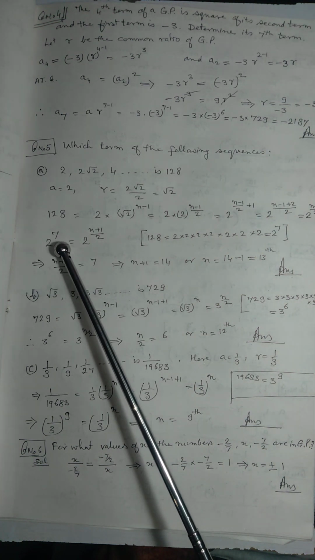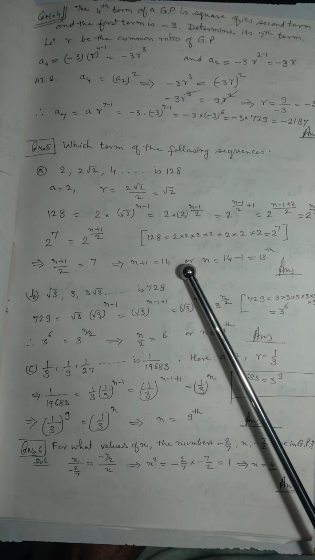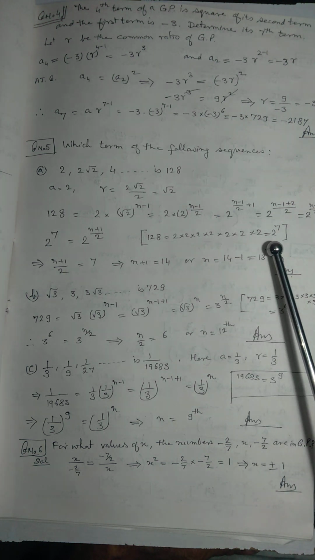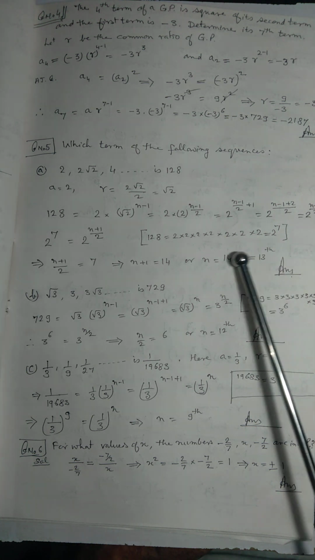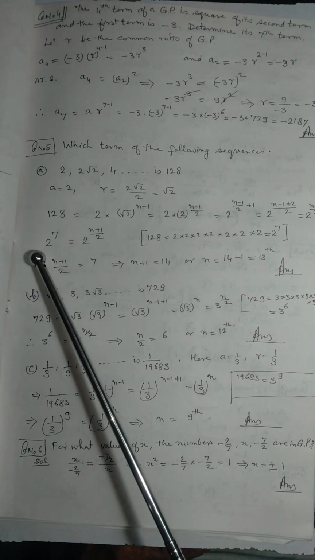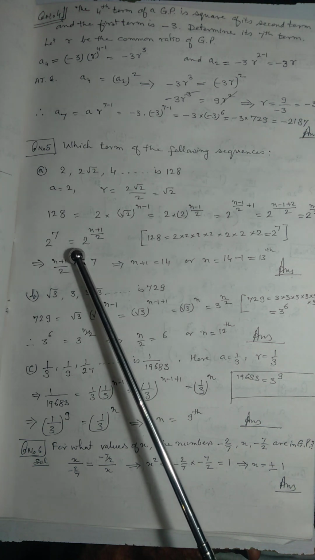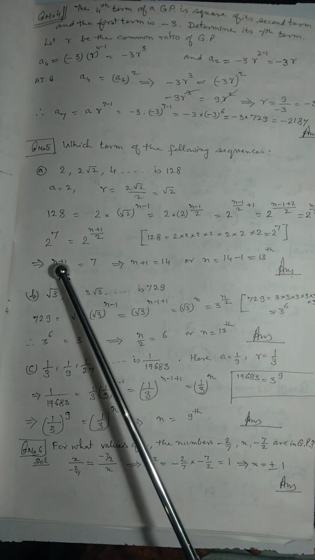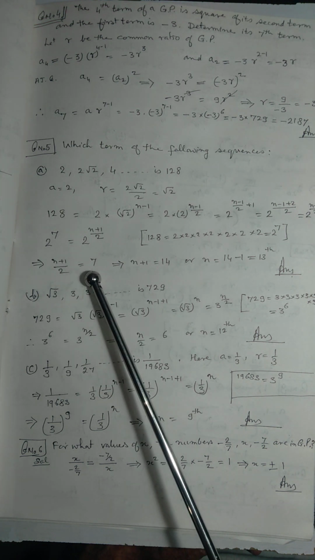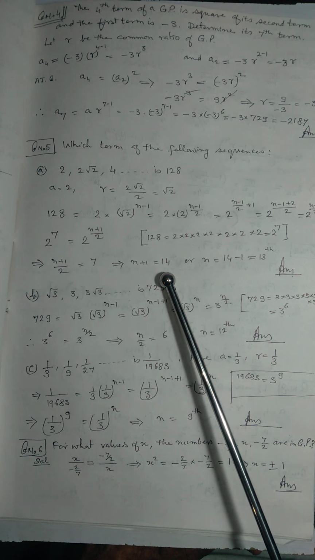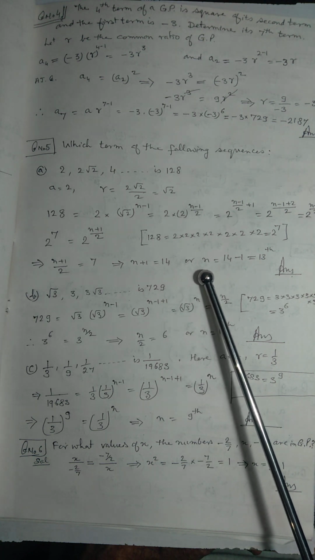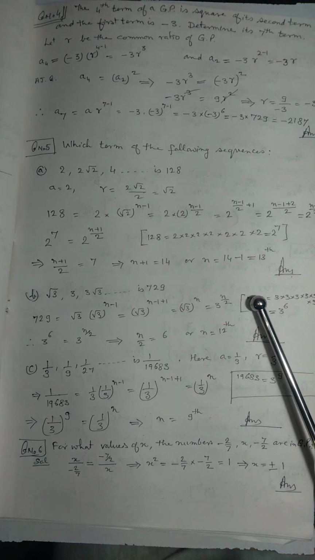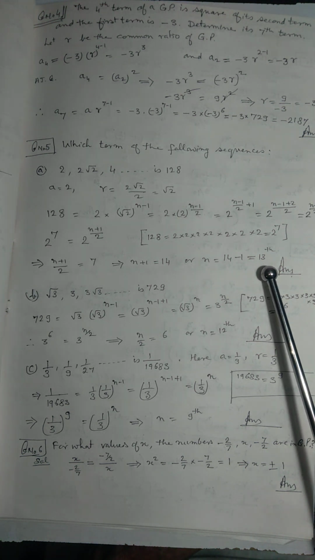I got 2 raised to power 7 by factorizing 128: 2 into 2 into 2, 7 times, hence 2 raised to power 7. Now the bases are the same and there is a sign of equality, therefore the powers should also be the same. So 7 is equal to n plus 1 by 2. Now cross multiply: n plus 1 is equal to 14. So n is 14 minus 1, that is 13. So 128 is the 13th term.